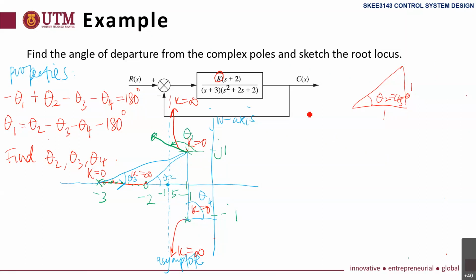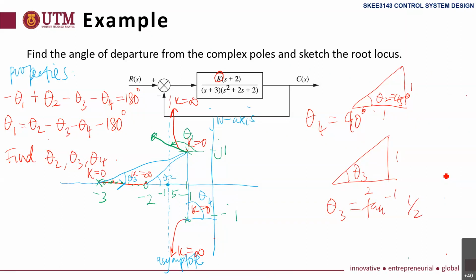Theta 4 is always 90 degrees. Theta 3 is like this, with 1 and 2. Theta 3 is inverse tangent of 1/2. Calculate, you get 26.6 degrees.